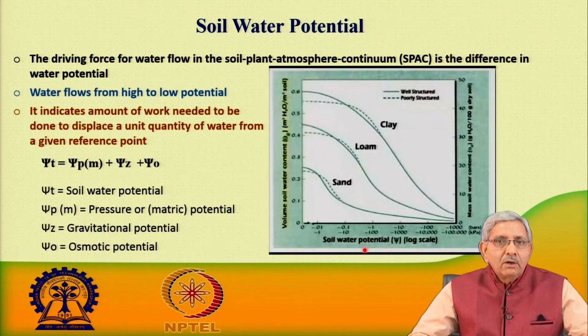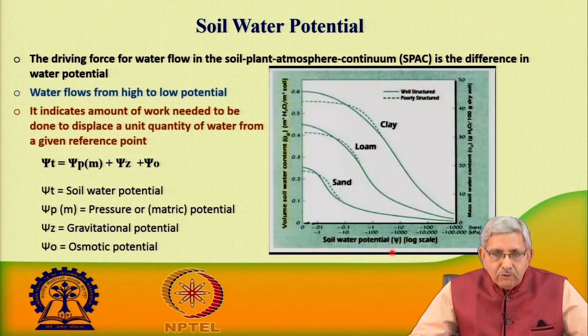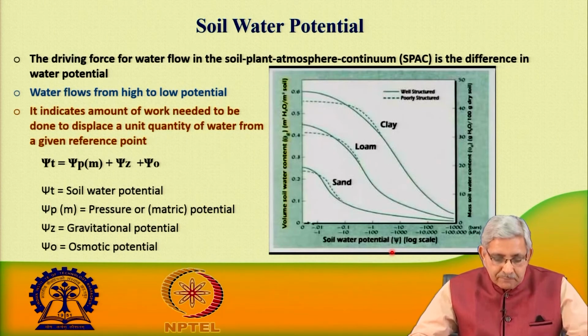Now, this particular diagram explains the soil water potential versus volume of soil water content. These are the three types of soil: when there is a large amount of sand, it is sandy soil; when clay, silt and sand are all available, that is a loamy soil; and the third one is clay soil.